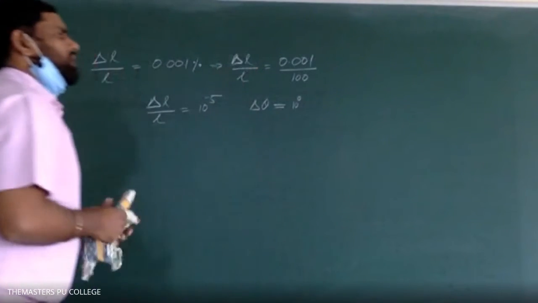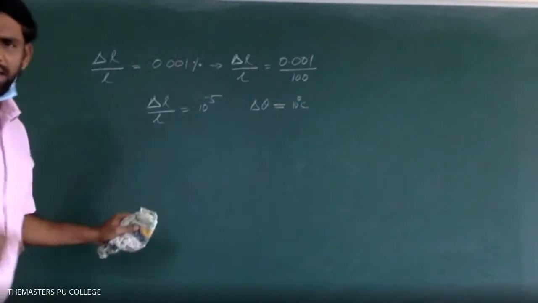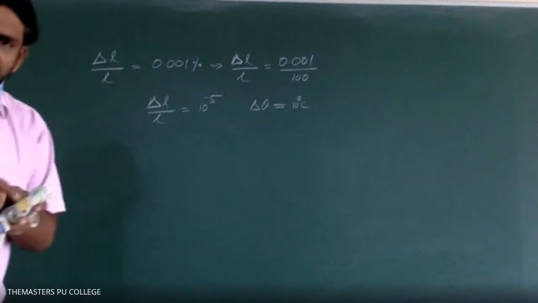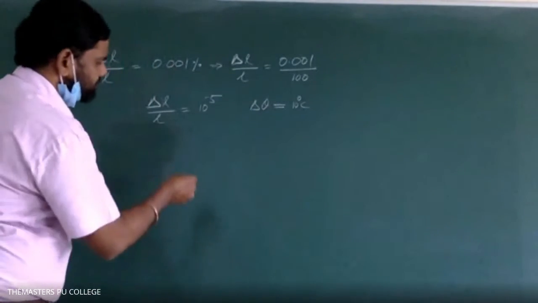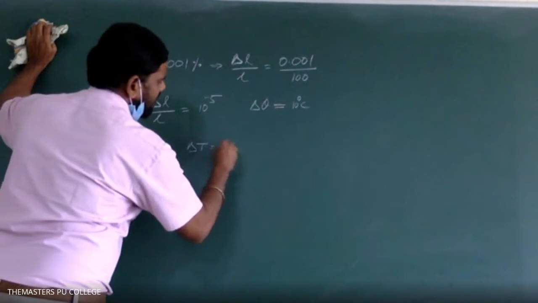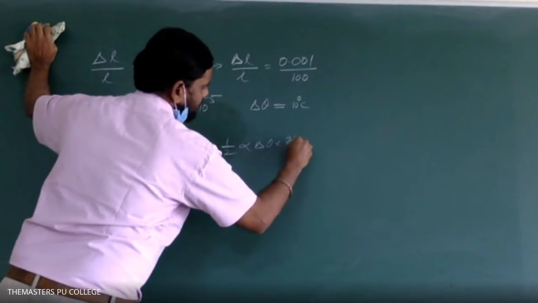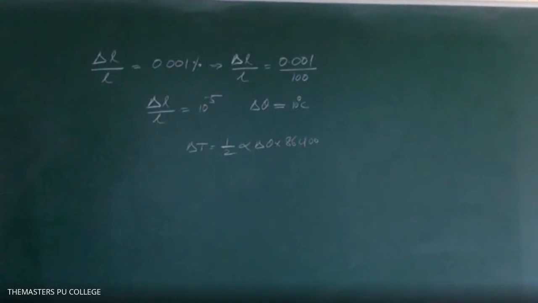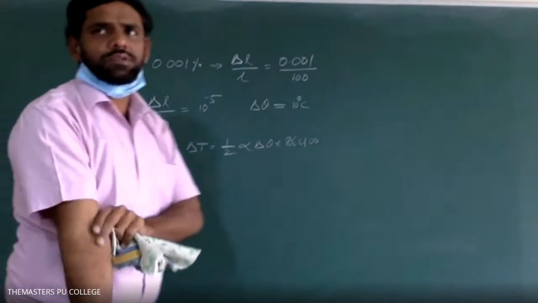Then they asked for the time lost or time gained per day. I think at last we gave one note. Time lost or time gained by the pendulum per day: what is that formula? Delta T equals half alpha delta theta into 86,400 seconds. Sixth question.